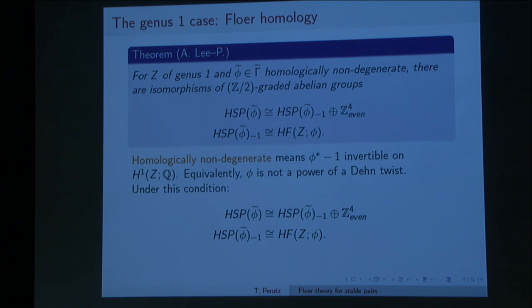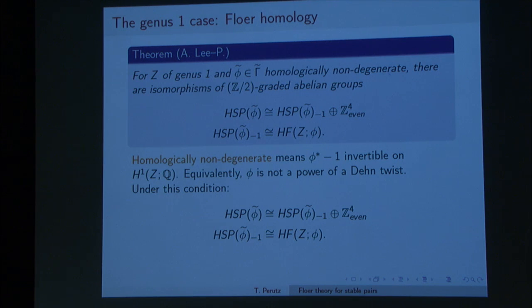Okay, so now here's an actual result. For Z an elliptic curve and phi in the extended mapping class group, there's a condition which I'll explain in a moment.